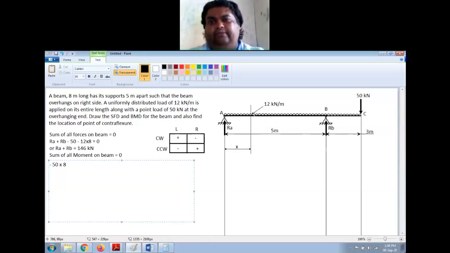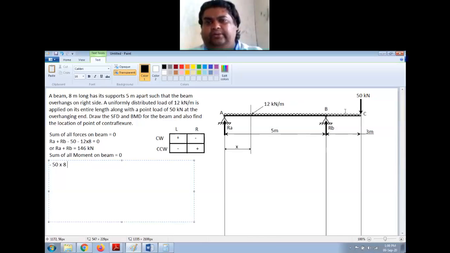Then I have the force due to UDL here. Now this is a single UDL. The intensity is same, 12 kilonewton per meter for the entire length, right? And this can be assumed as a point load at the center of the UDL. Now the intensity is 12 kilonewton per meter, and the total length is 8 meter, and this is also acting downwards.